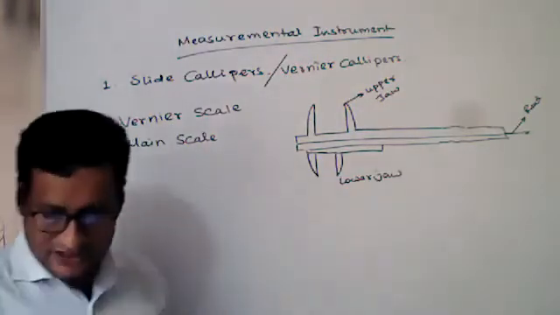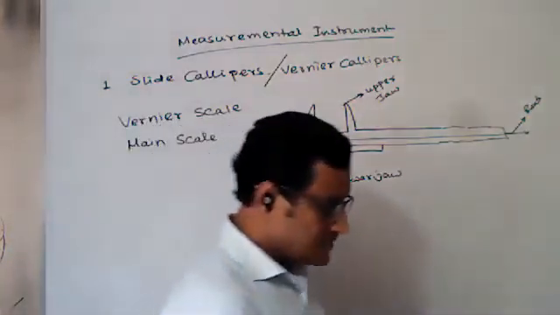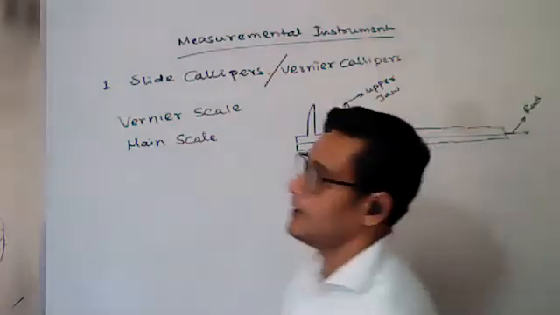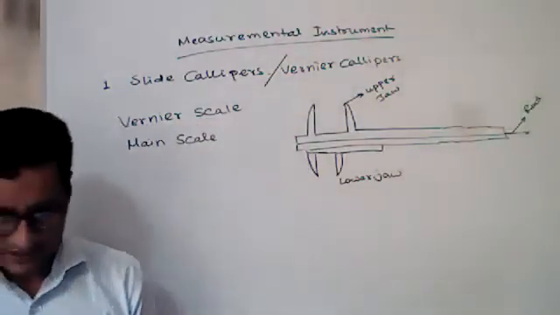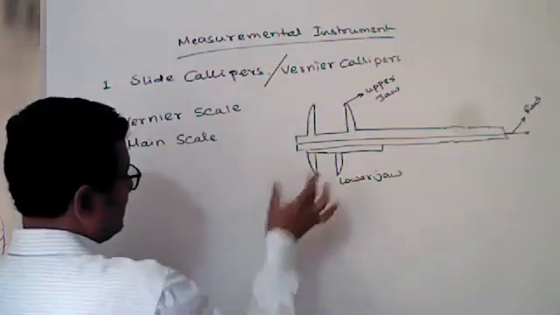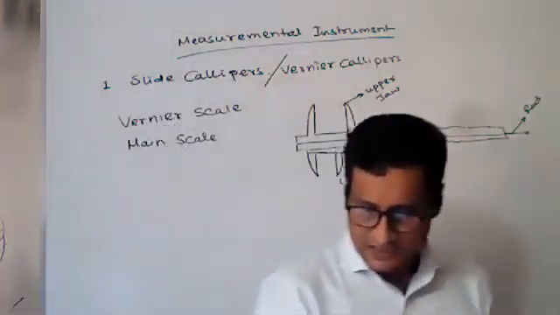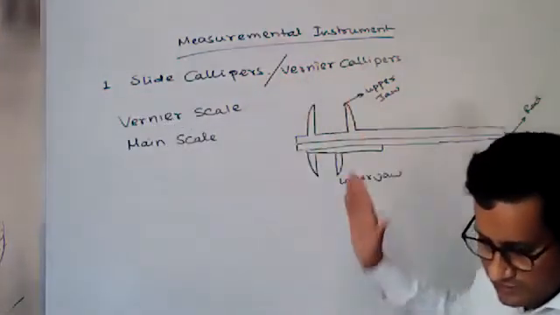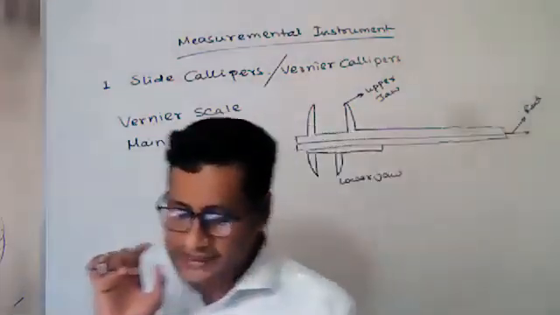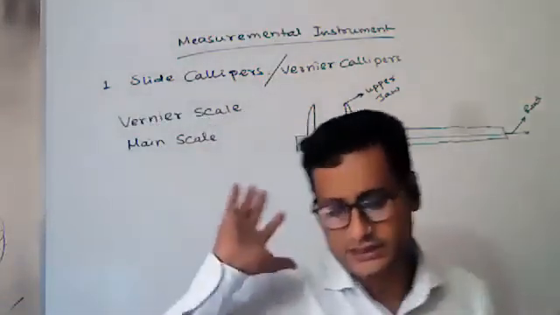There is a zero division in the main scale, and there is a zero division in the Vernier scale. If the two jaws coincide with each other, and the zero division of the main scale and the zero division of the Vernier scale coincide, then we can say there is no error in this instrument.